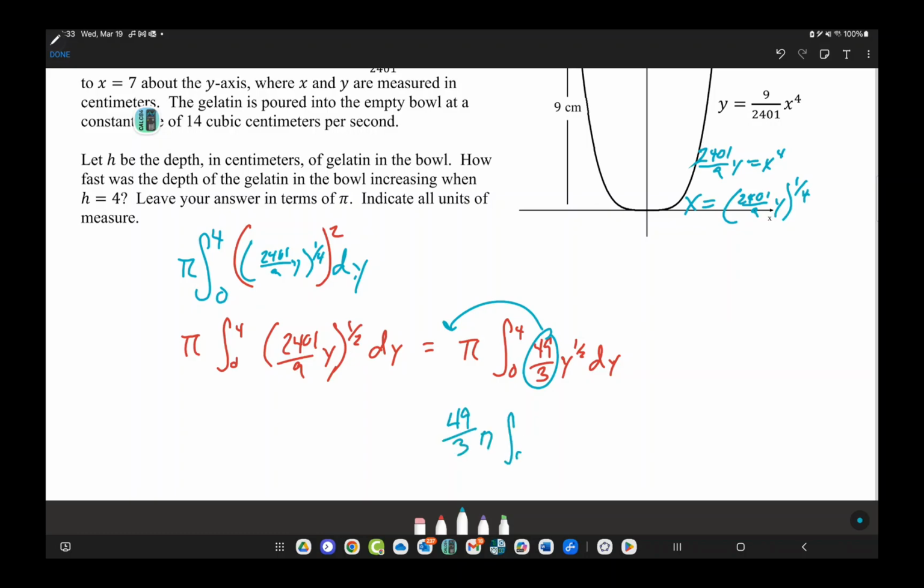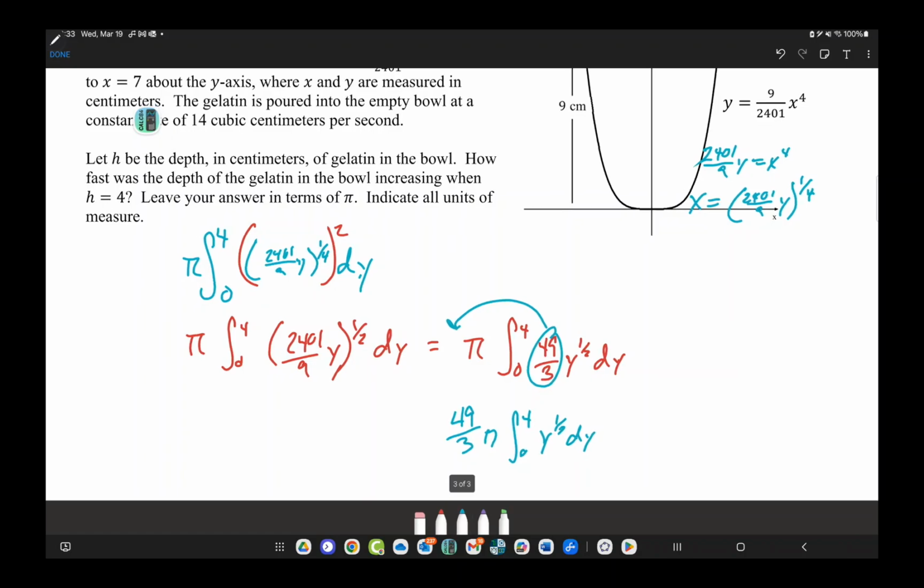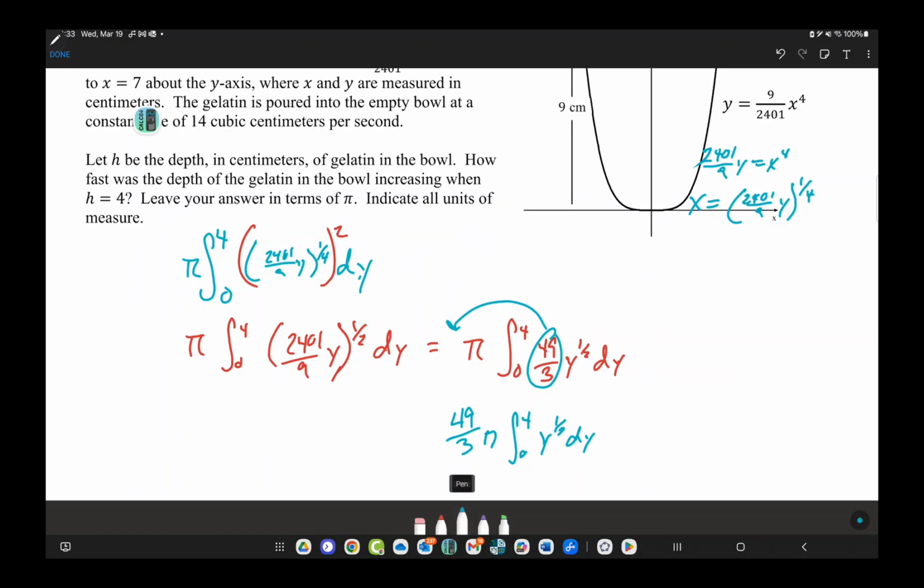What's the integral from 0 to 4 of y to the 1/2? I know it does say calculator allowed, but you don't actually have to use it. So yeah, is it 2/3? Because you're adding 1, so yeah, it is 2/3 y to the 3/2.